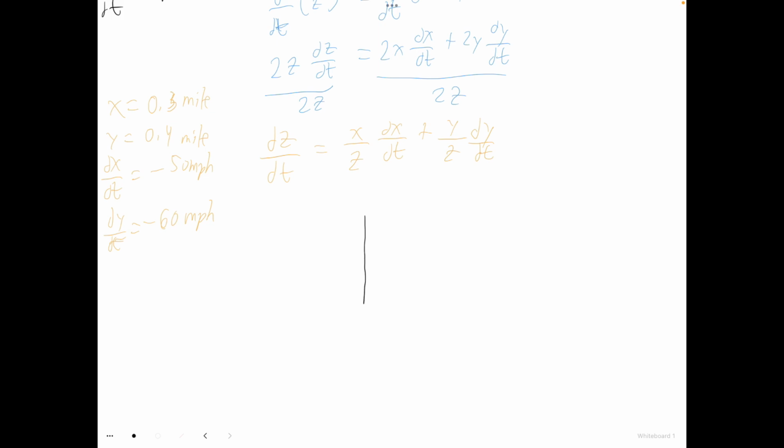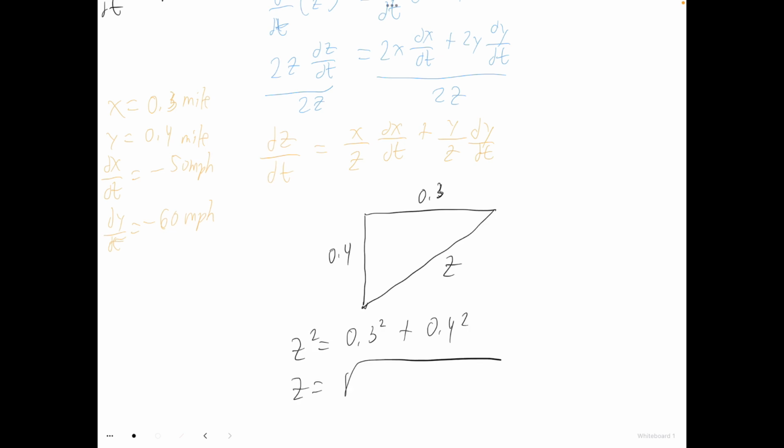So if we draw our situation that we actually care about, we care about the situation when x is 0.3, y is 0.4, and we just need to figure out what z is at that point in time. And so using the Pythagorean theorem, z squared equals 0.3 squared plus 0.4 squared.